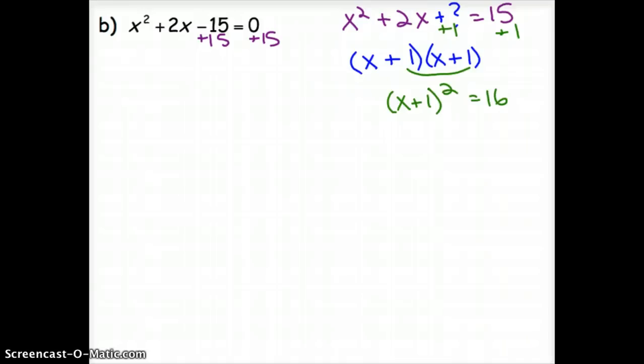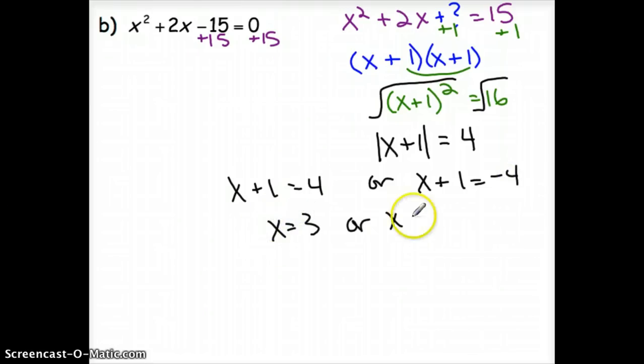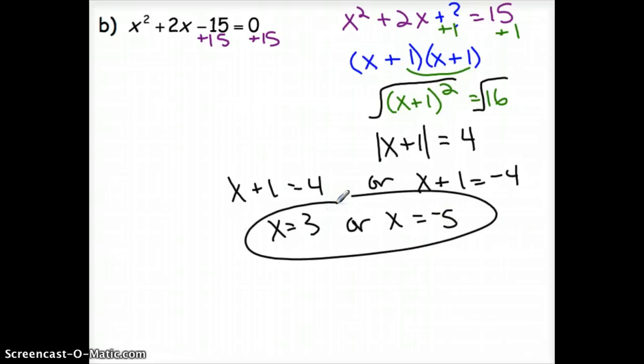I can solve this by taking the square root of both sides. I'm going to get the absolute value of x plus 1 equals 4. So x plus 1 equals 4, or x plus 1 equals negative 4. Solve both, so this one's going to be x equals 3, or x equals negative 5. And hopefully they would both work out. All right, let's try another one.